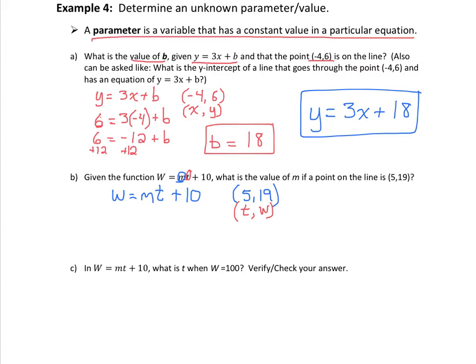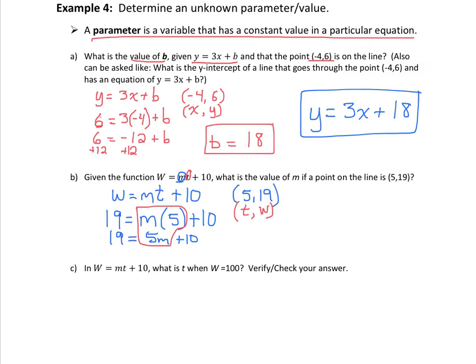Once we sub in 5 for t and w is 19, we get an equation where only m is left as a variable, and so then we can solve for it. If I'm going to rewrite that equation, I could say 19 is equal to 5m plus 10, because m times 5 and 5 times m are really the same thing.